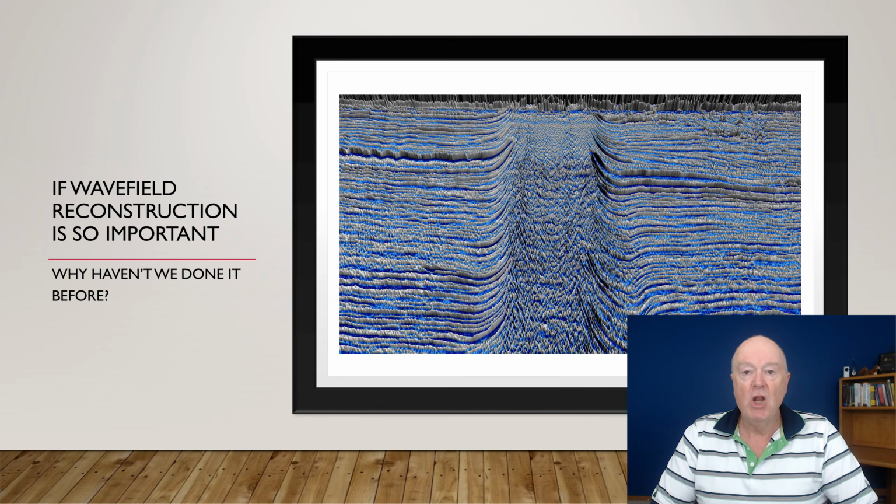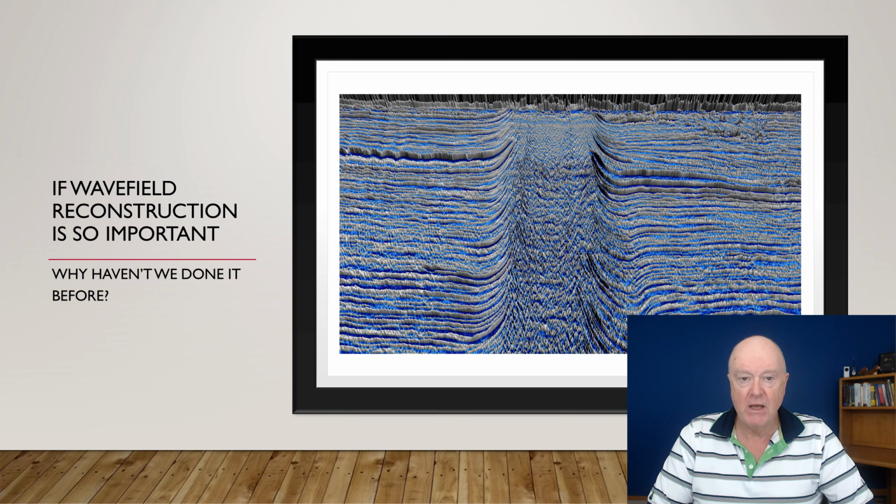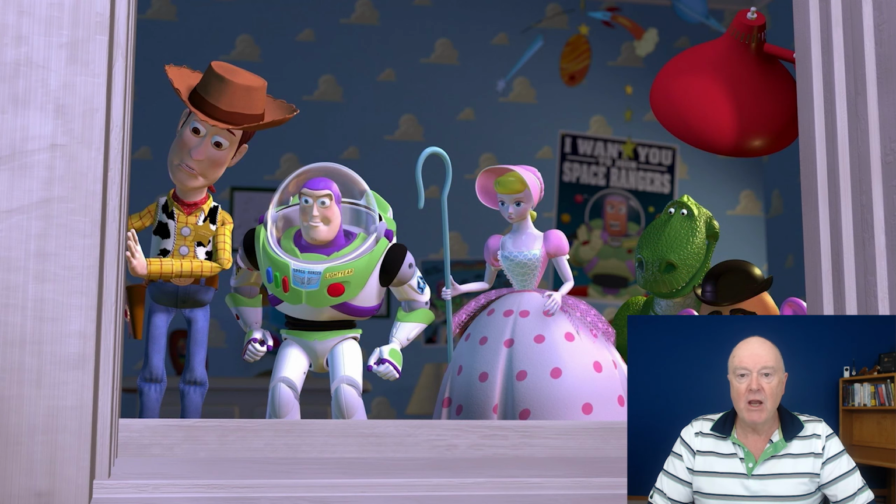So this has been a longer lesson than I intended, but I think it is critically important, because behind the scenes there is a critically important question about the validity of wave field reconstruction and visualization. The question is, if it's so important, then why haven't we done it before? Answering that question is why I started with Toy Story.